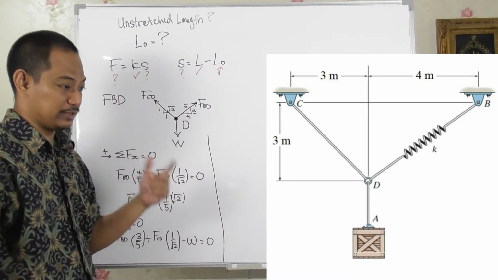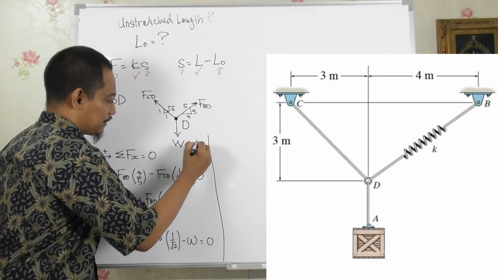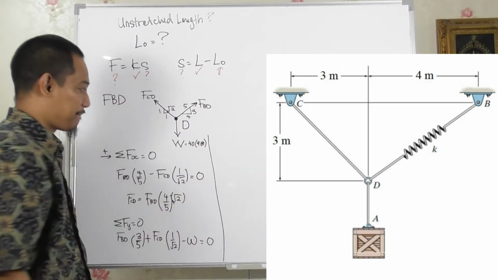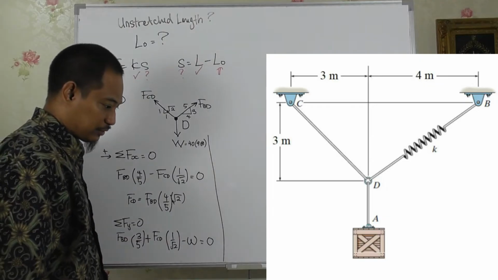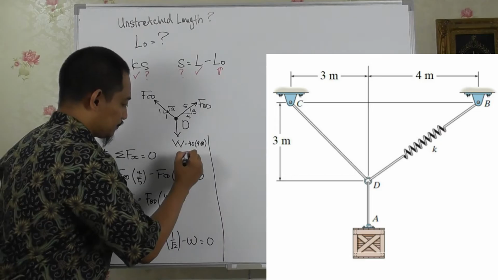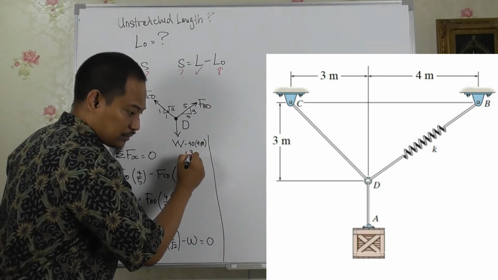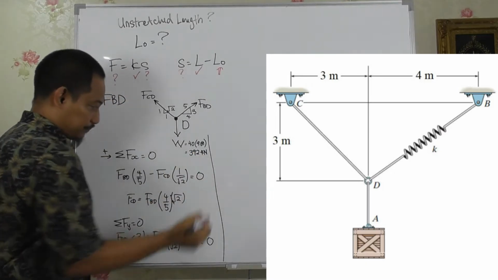This one is known actually. It's 40 kilograms, so equal to 40 times 9.81, or 392.4 Newton, right?